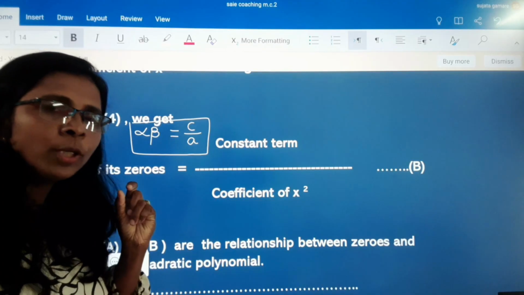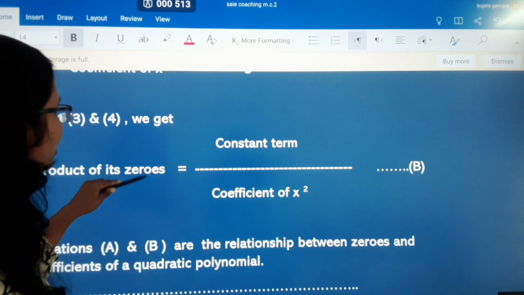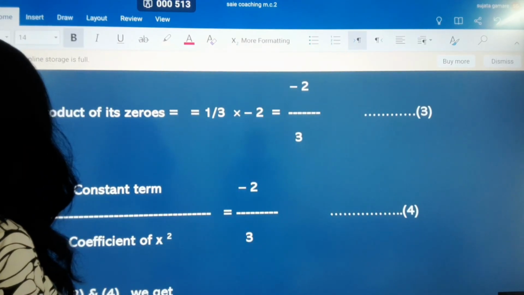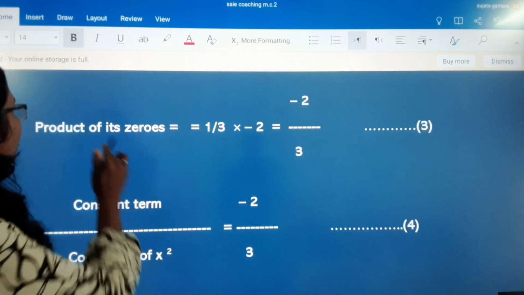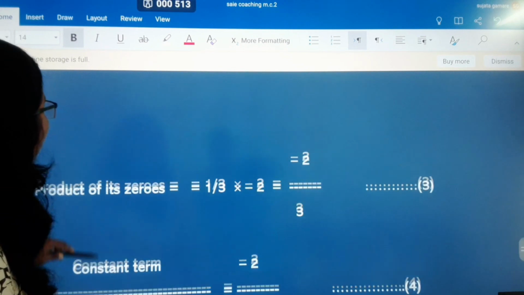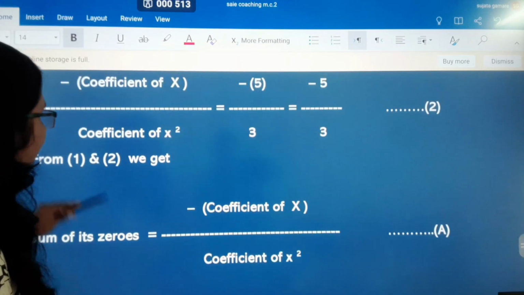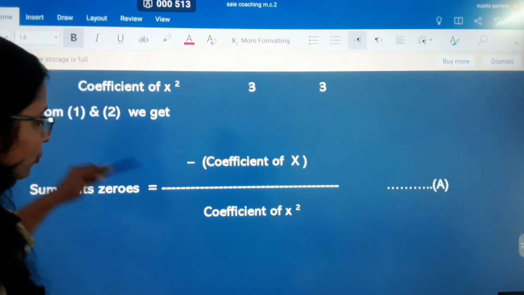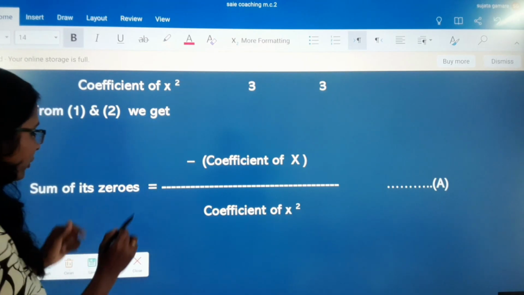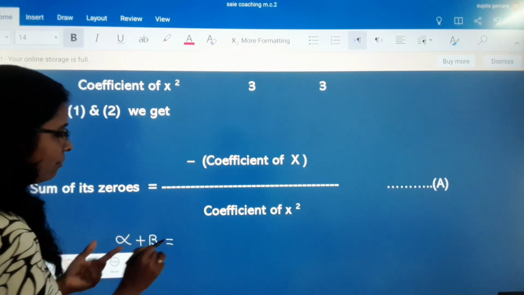And what about the sum of the zeros? This is the formula for the sum of the zeros. In short, the sum of zeros is alpha plus beta, as our zeros are alpha and beta.